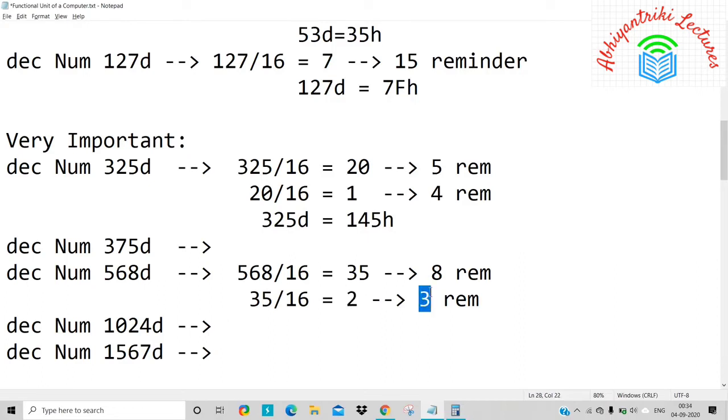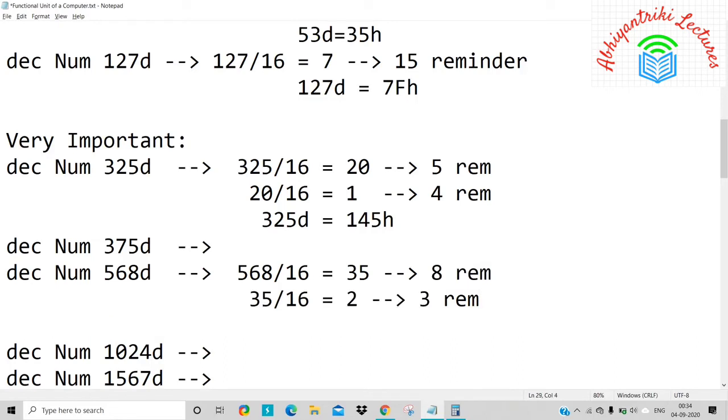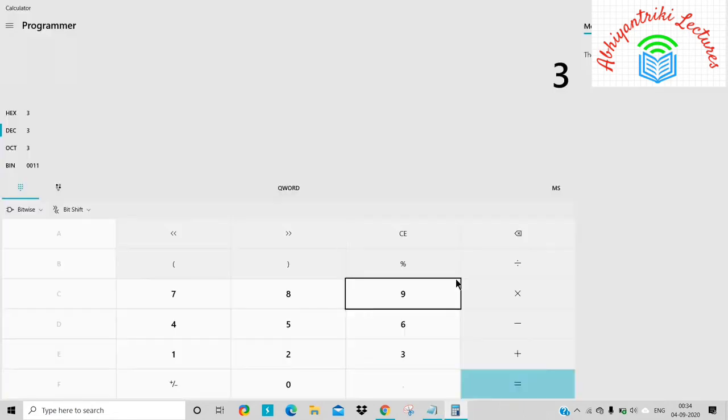So how do you write this? 568D is equal to 238H. Done. Let me check this. 568 is equal to, you can see the answer now, 238, correct? Yes.